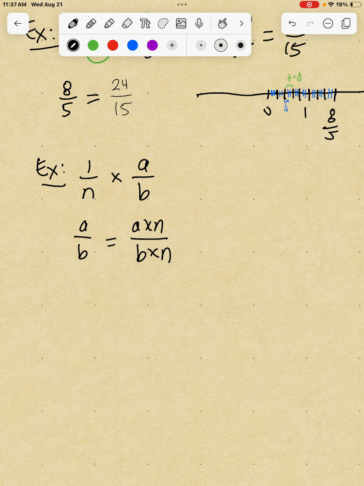This would be like if you took the length 1 over b and then split that into n equal pieces. Then you have 1 over b times n. And if you have a of those 1 over b, then how many 1 over bn pieces do you have? You have a times n.